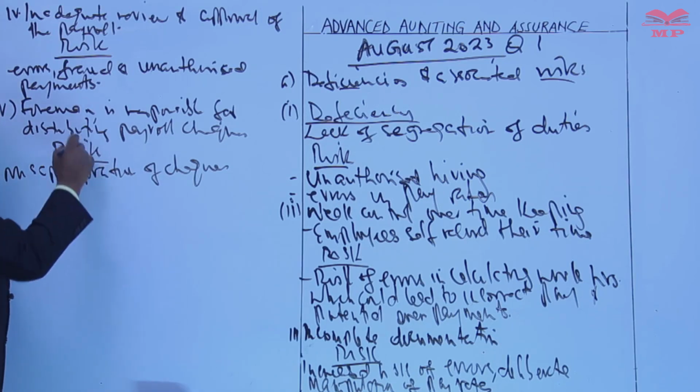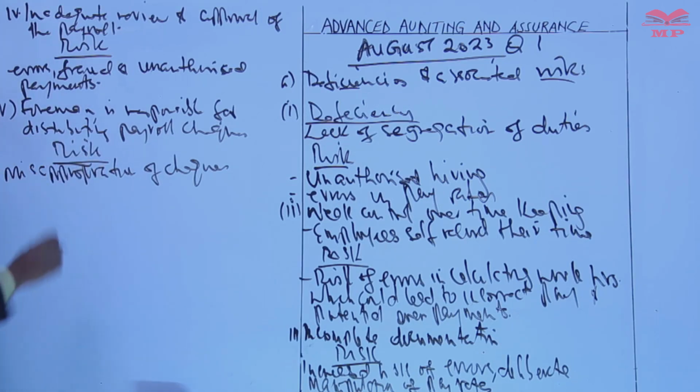There's that risk, misappropriation of checks, because he is handling the checks, he is distributing the checks, he is even withholding checks for employees who are absent. The foreman distributes the checks to the employees and arranges for the delivery of the checks to those who are absent.